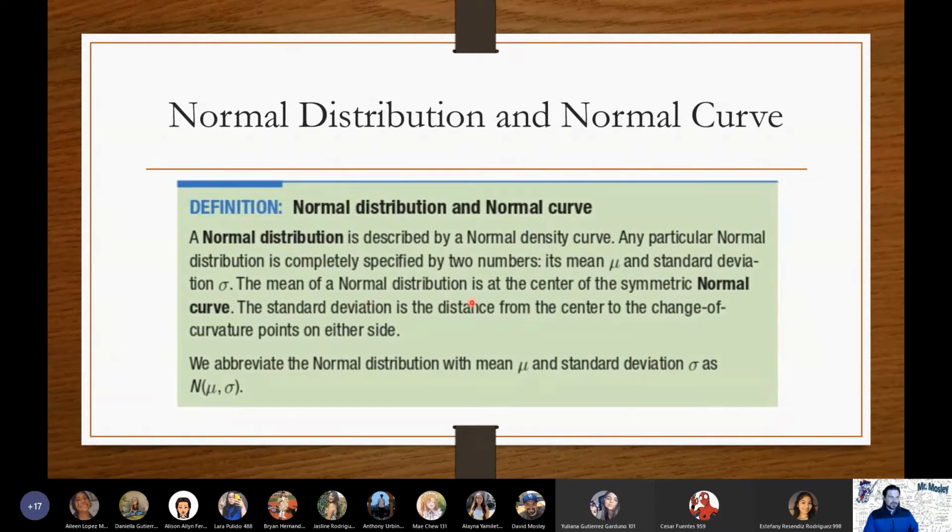The mean of a normal distribution is at the center of the symmetric normal curve. Standard deviation is the distance from the center to the change of curvature points on either side. We abbreviate the normal distribution with mean, mu, and standard deviation, sigma, as N parentheses mu comma sigma parentheses.